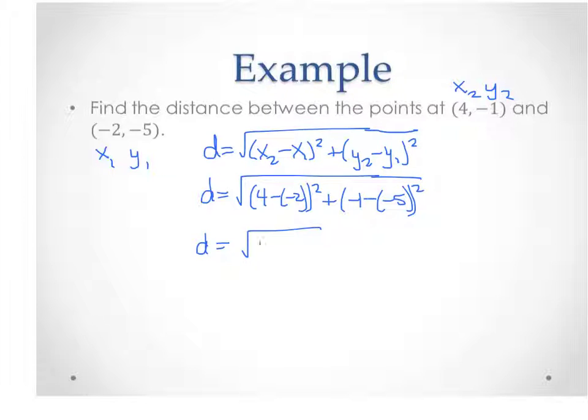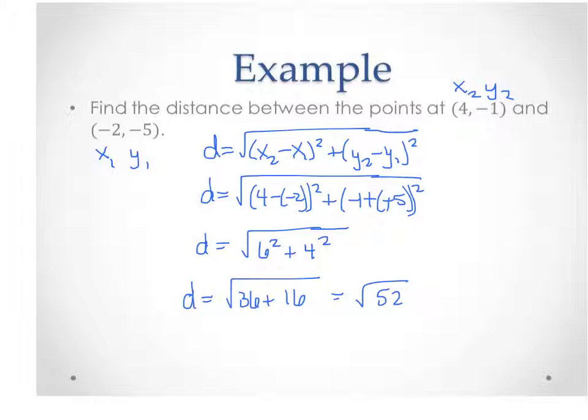So this actually becomes 6 squared plus 4 squared, which is going to be 36 plus 16, which is 52. And if we want to break up 52, it is the square root of 4 times the square root of 13, and thus we get 2 square root of 13.